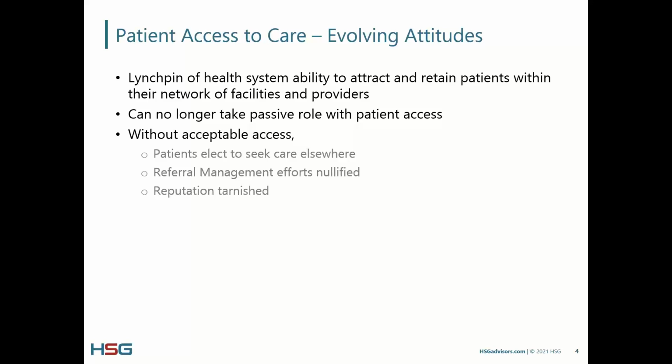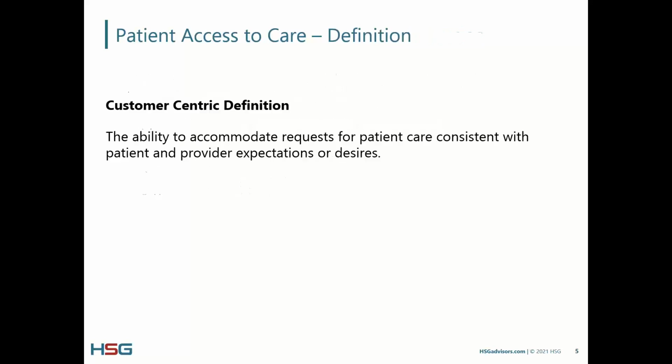So we've talked a lot so far about patient access to care, but we should define what we mean by that. And the most customer-centric definition is the ability to accommodate requests for patient care that is consistent with the patient and provider expectations or desires. So that's a whole lot of variables within that short phrase.